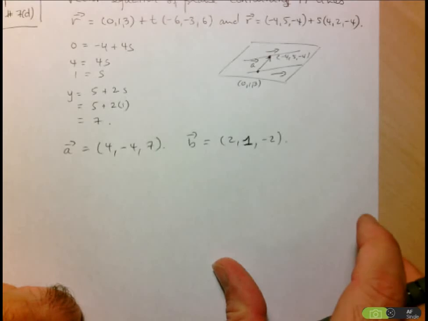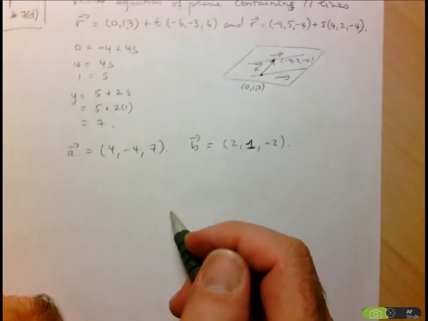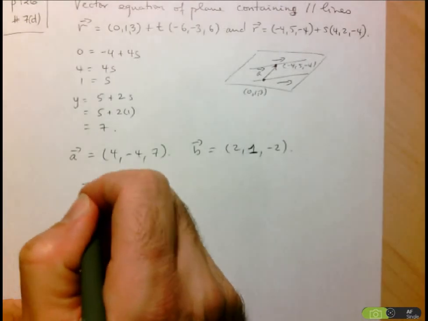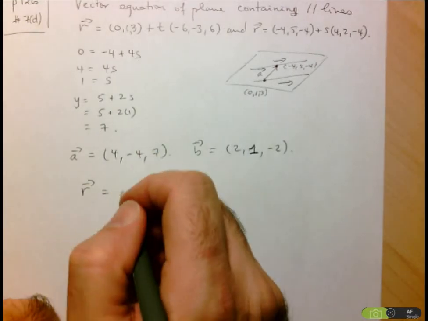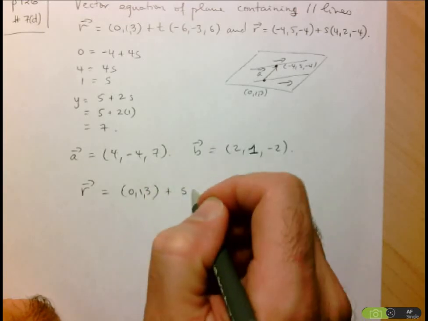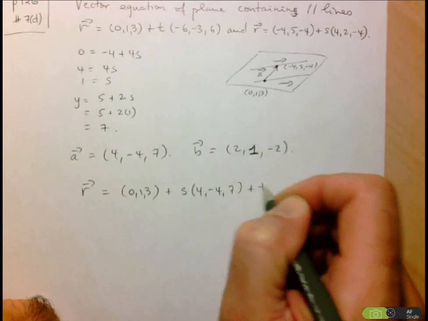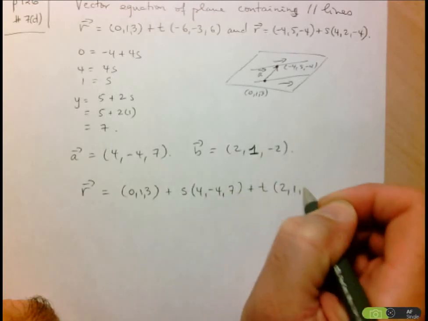Now that I have 2 direction vectors, I can pick one of the points. This one here seems easier, and they're looking for the vector equation. So I've got 0, 1, 3 plus s times 4, -4, 7 plus t times 2, 1, -2.